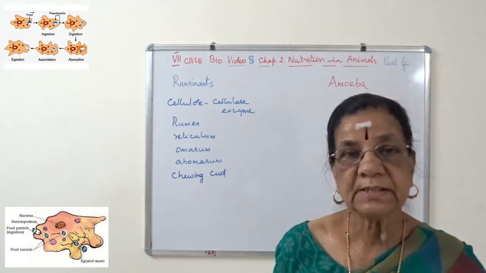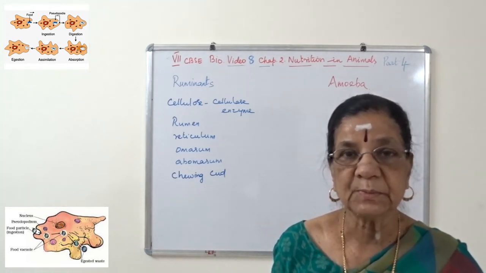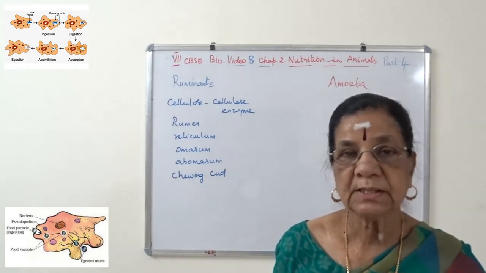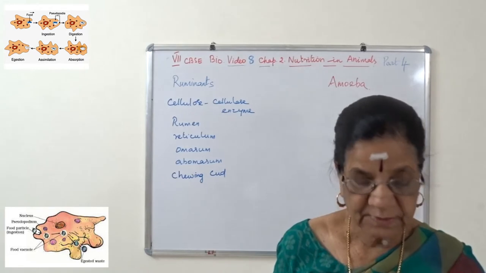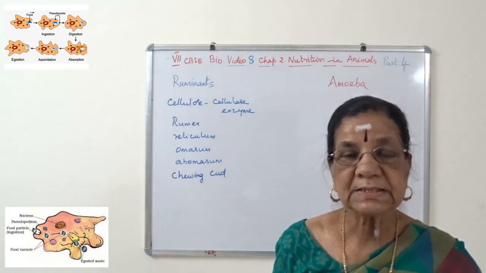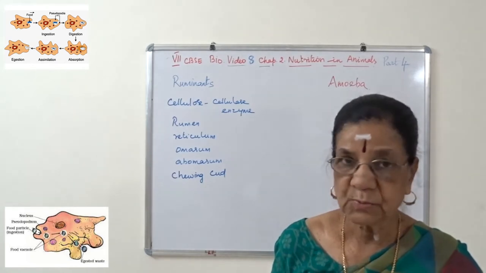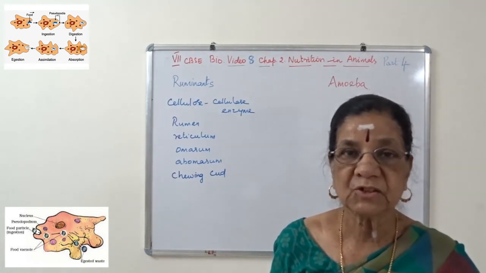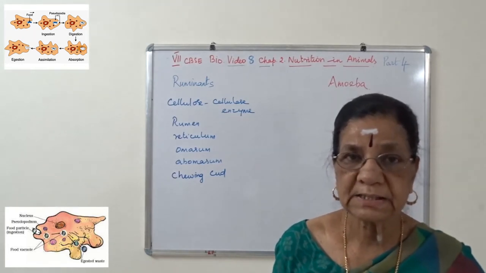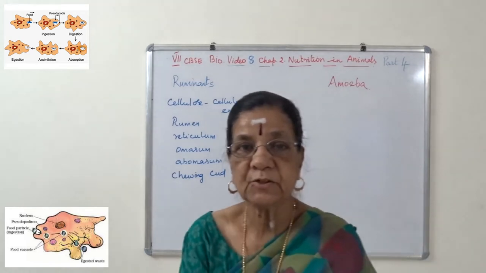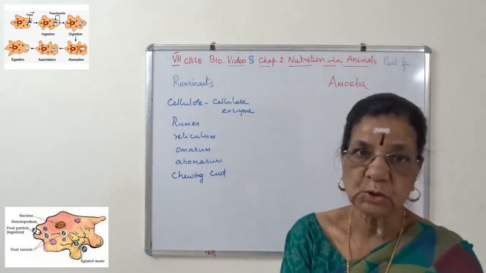The food is getting digested in the ruminant animal when it is passed on from the stomach to the intestine, where it is having this region between the small intestine and large intestine. There is a chamber where it is having certain bacteria, that is microorganisms, that are helping it to digest the cellulose.